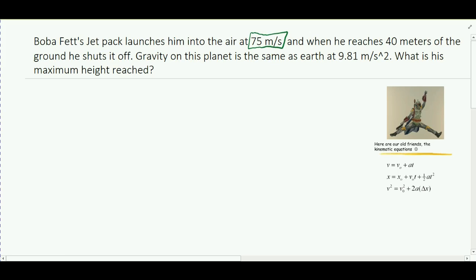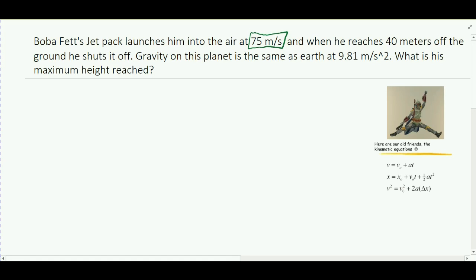When he reaches 40 meters off the ground, he shuts off the jetpack. Okay. Gravity on this planet is the same as Earth. It's 9.81 meters per second squared. What is the maximum height that Boba Fett will reach?